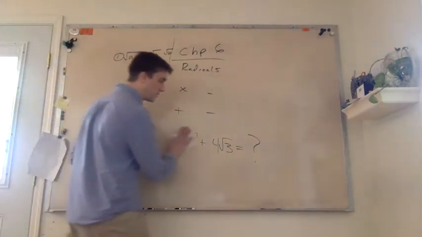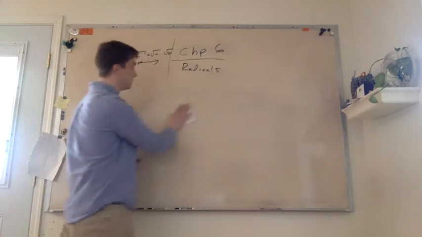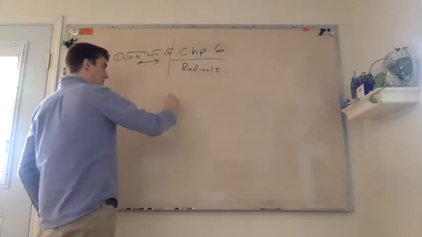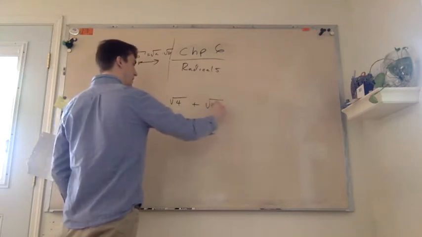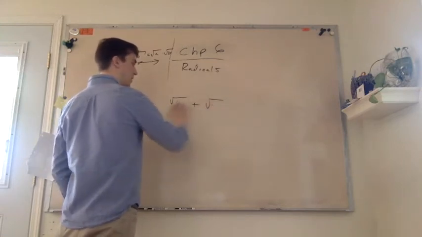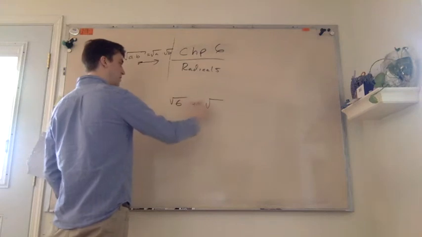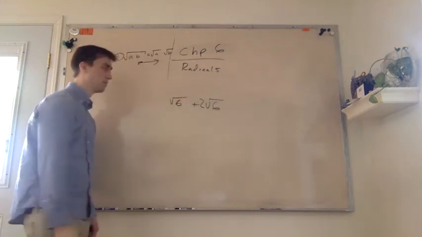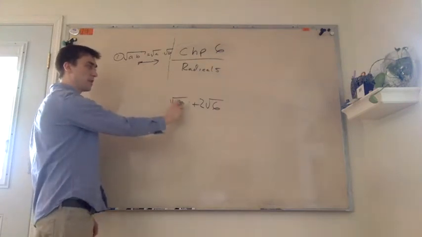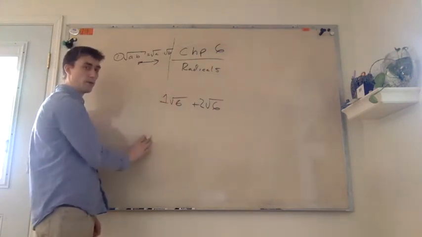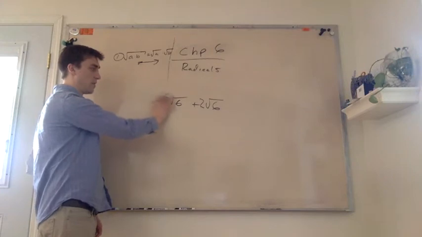Let's run some examples. Let's say the square root of 6 plus 2 square root 6. When you see the square root of 6, that's 1 square root of 6, but you don't write the 1.